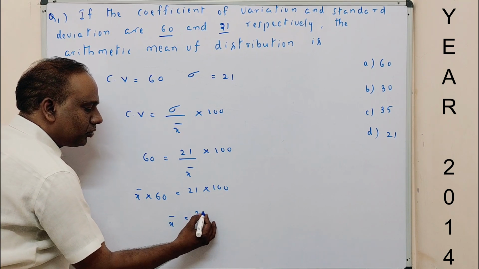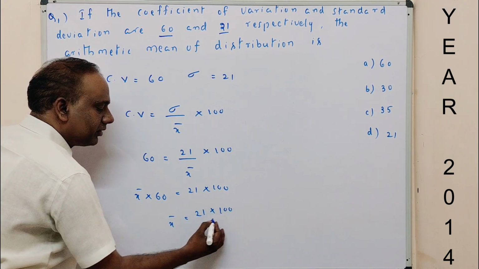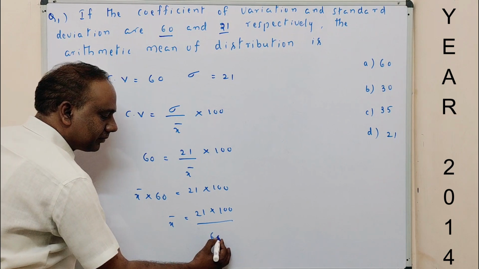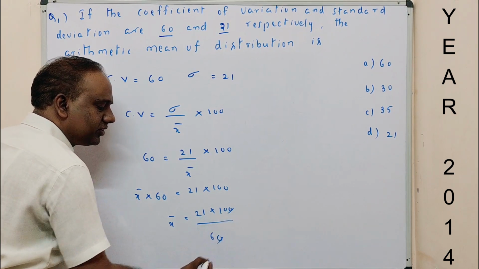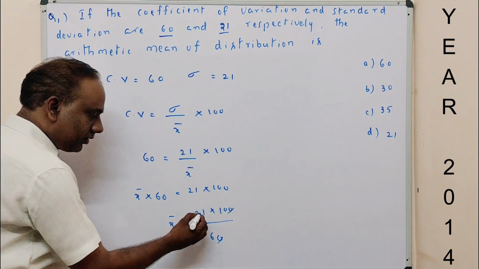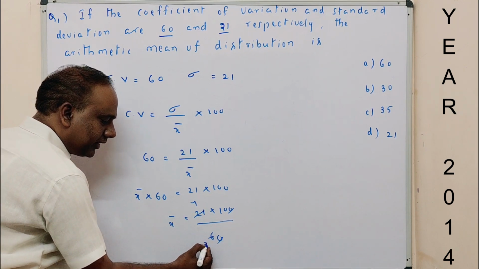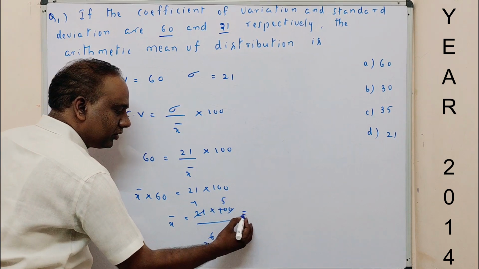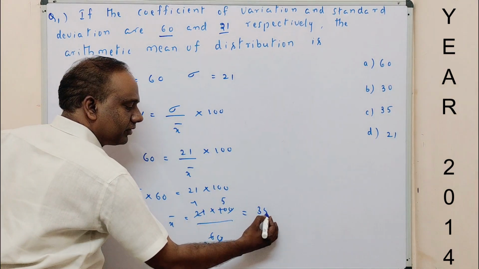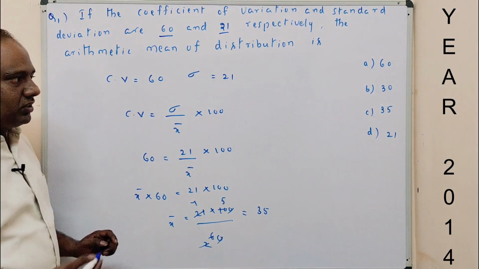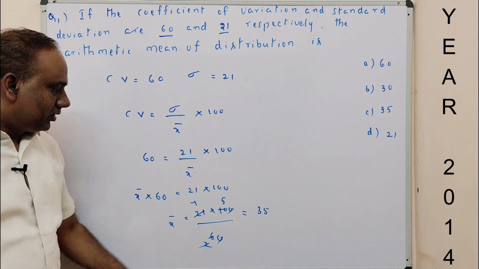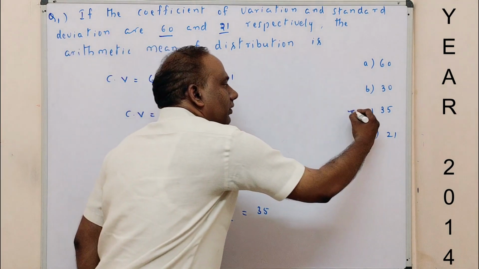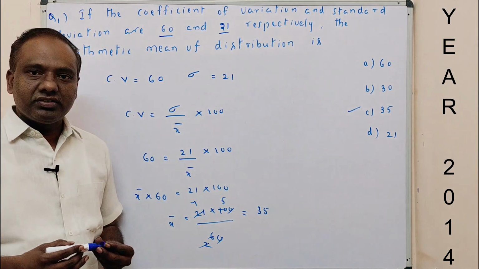Now x bar is equal to 21 into 100 divided by 60. Here 0 and 0 cancel. 3 7s are 21 and 3 2s are 6, 2 1s are 2 and 2 5s are 10, so 7 5s are 35. So here the mean is 35. Option C is the correct answer.